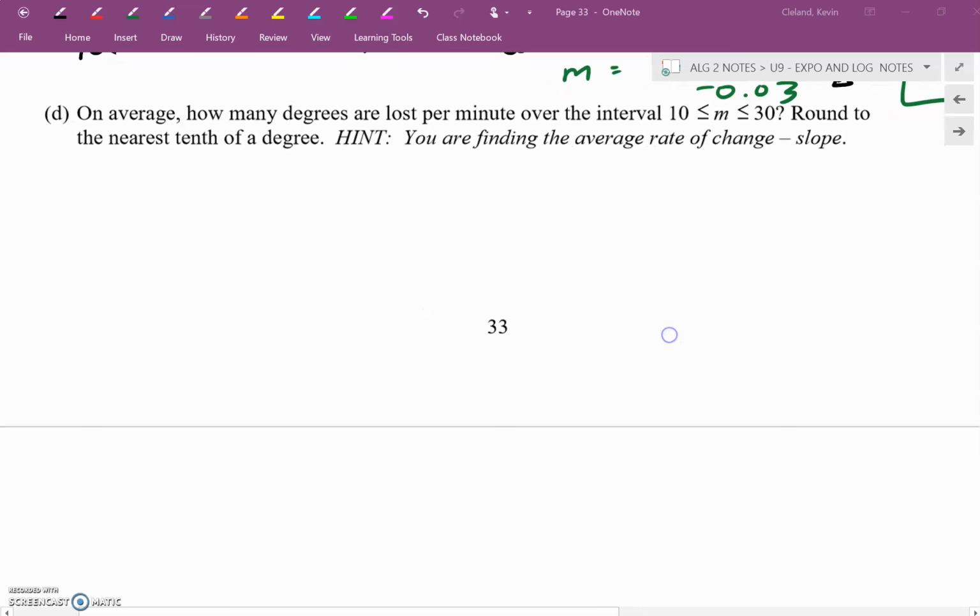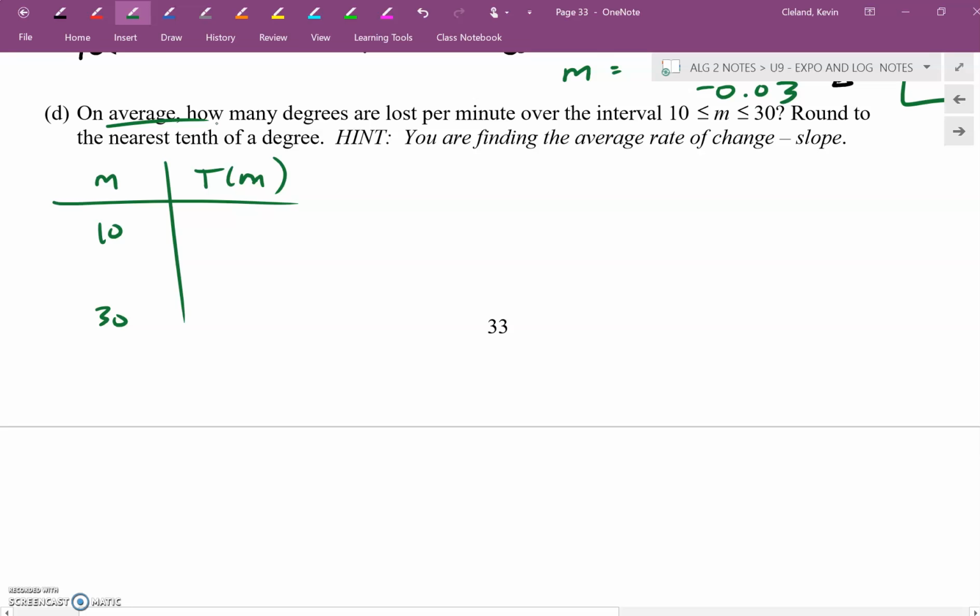Okay, lastly, on average, how many degrees are lost per minute over the interval from 10 to 30 minutes? For that, we're going to create a table of values. Essentially, I just need inputs and outputs. So I'm going to plug in 10, and I'm going to plug in 30. This is on average.